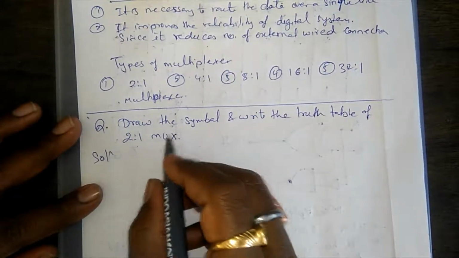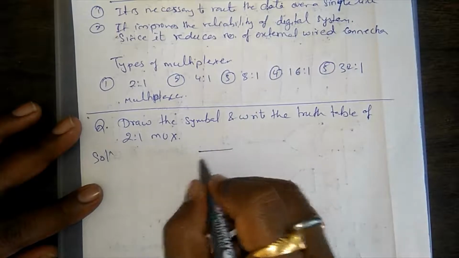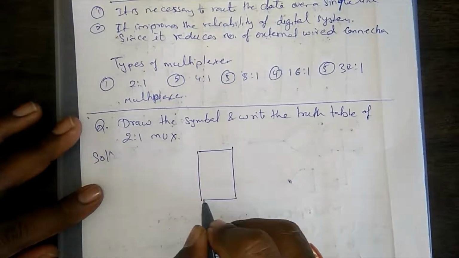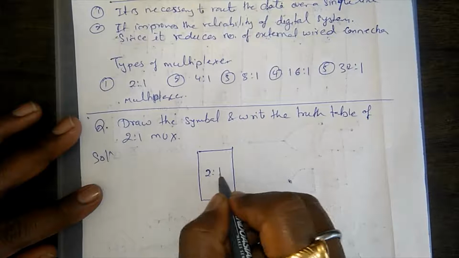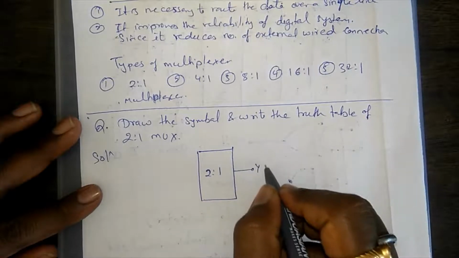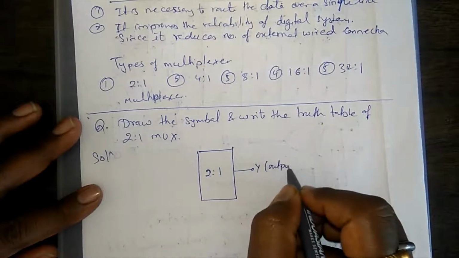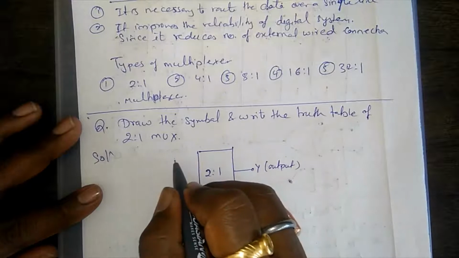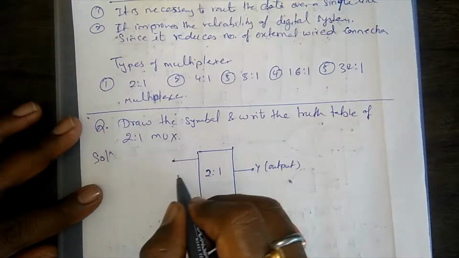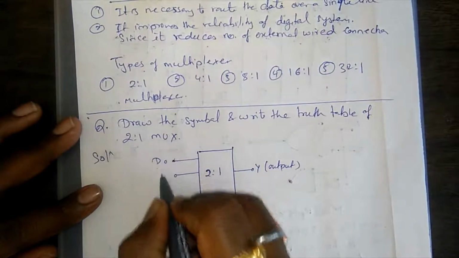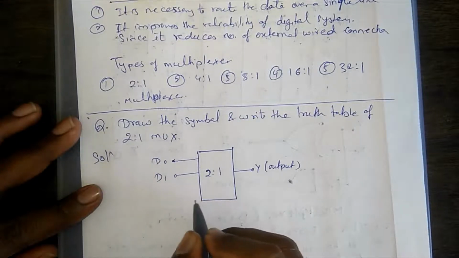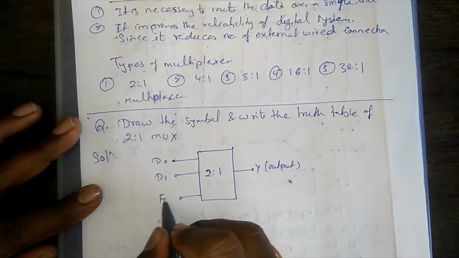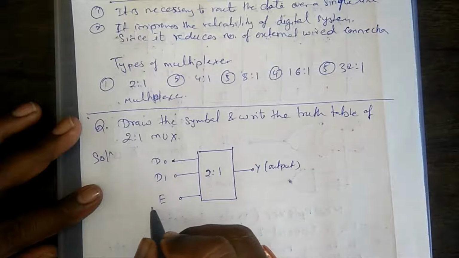So let us see the block diagram. 2:1 means only one output, and two inputs, D0 and D1, one enable pin, strobe.